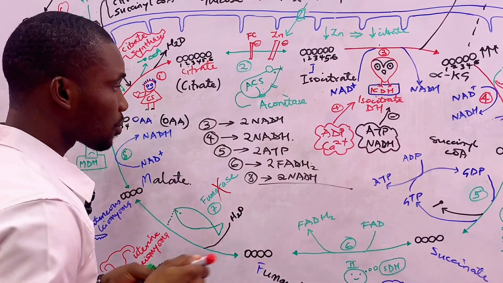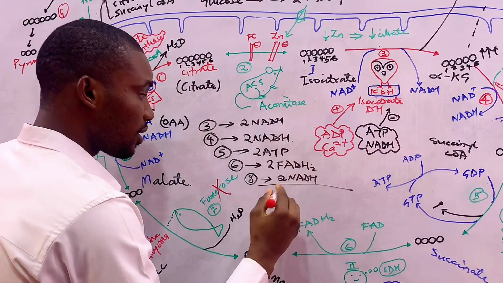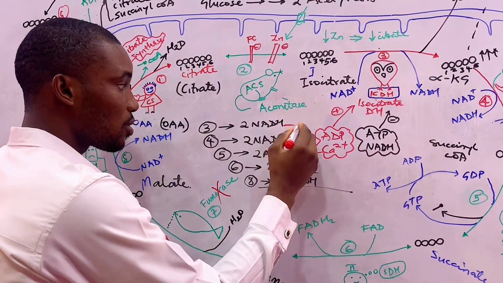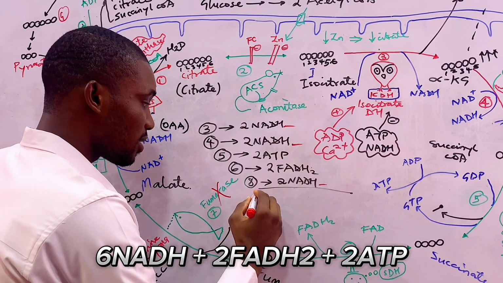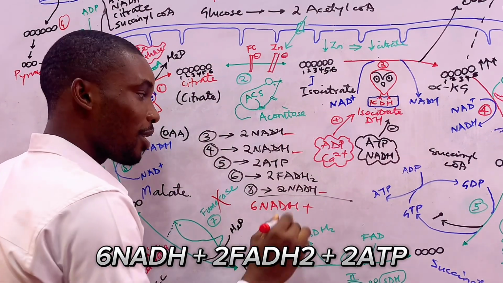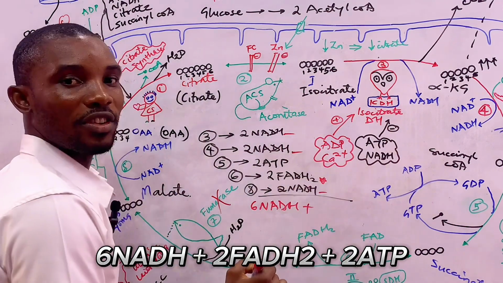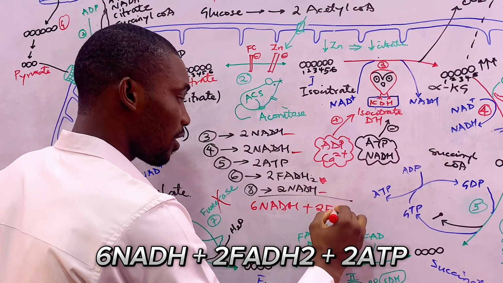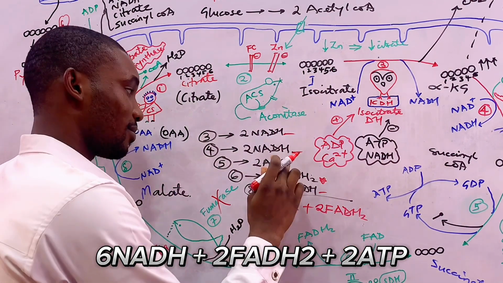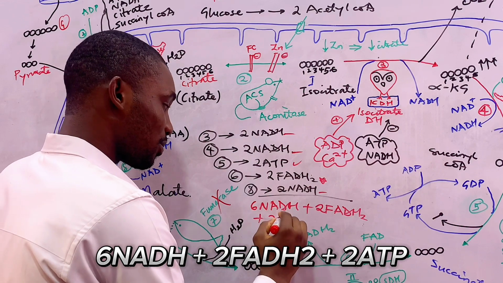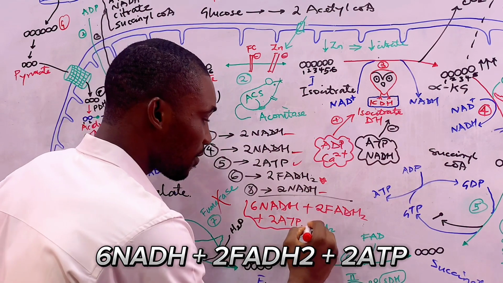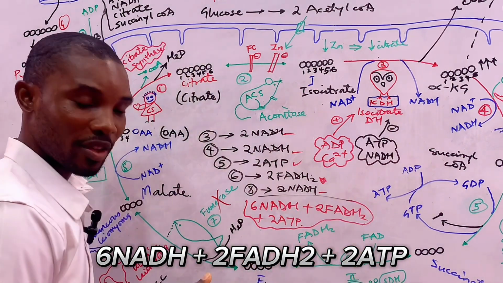We would have 6 NADH plus 2 FADH2 plus 2 ATP. All right. So this is what we have for the Krebs cycle.